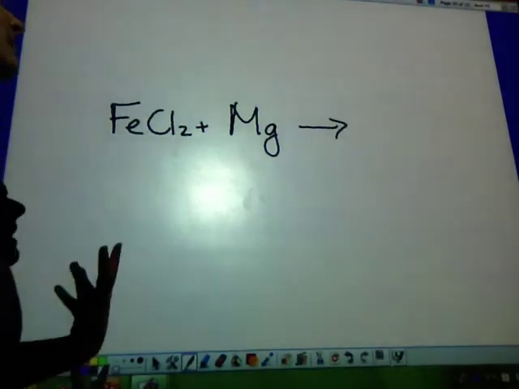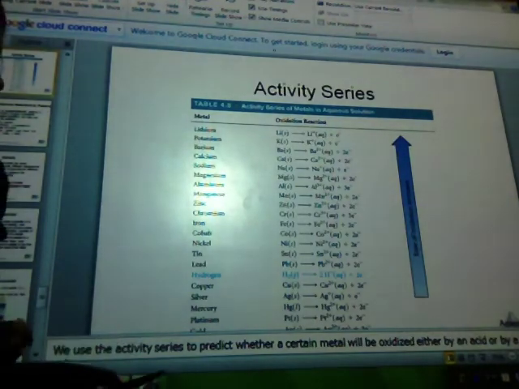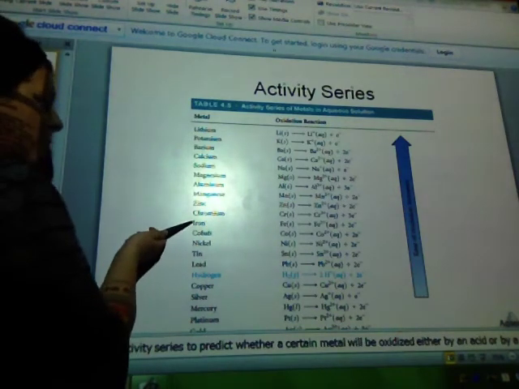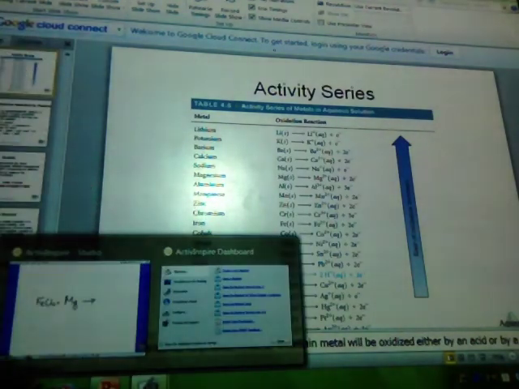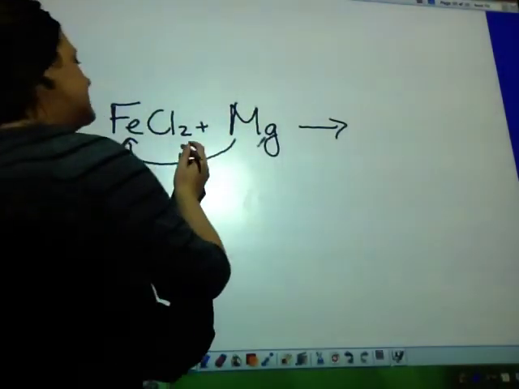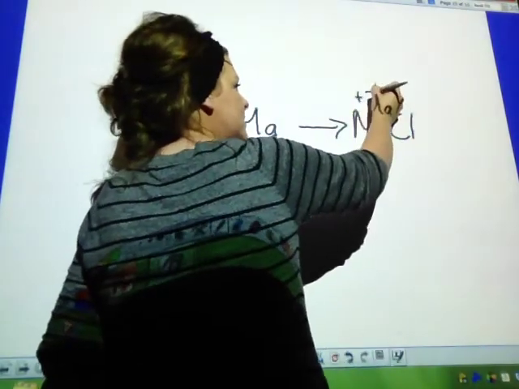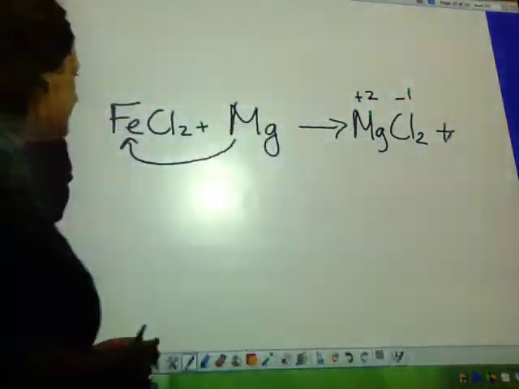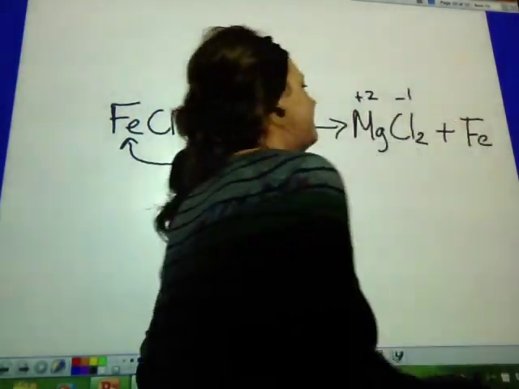Before I write my products, I have to go to my activity series to determine if magnesium can take the place of iron. Well, magnesium is here, and iron is down below it. So because iron is below magnesium, magnesium can kick iron out, and that reaction will occur. So now magnesium is going to bond with chlorine. So I have Mg and Cl. Magnesium has a +2 charge, chlorine has a -1 charge, so that means I get MgCl2 plus what I have left over, which would be iron, so just plus Fe.